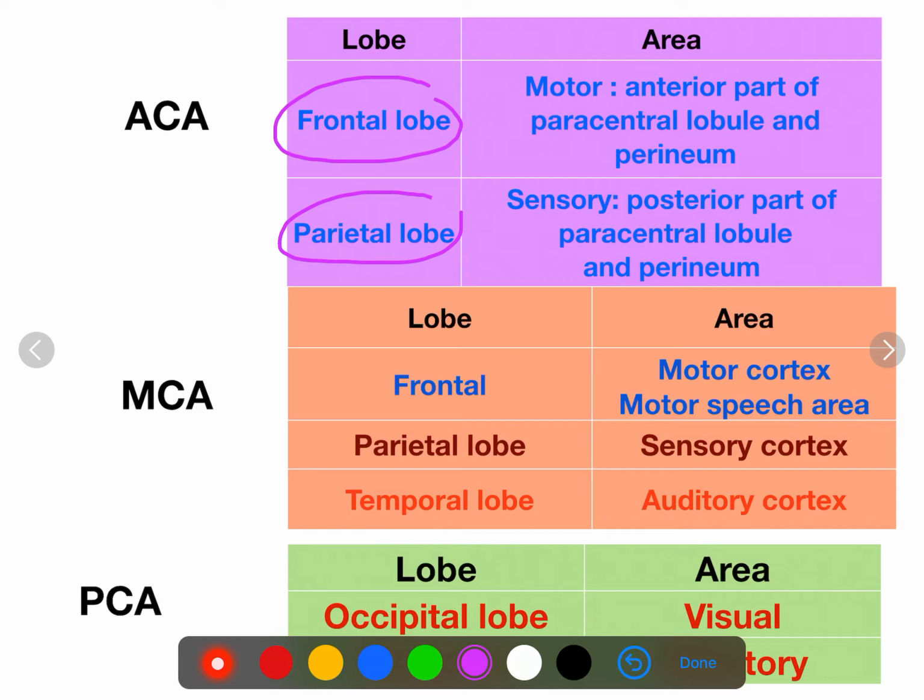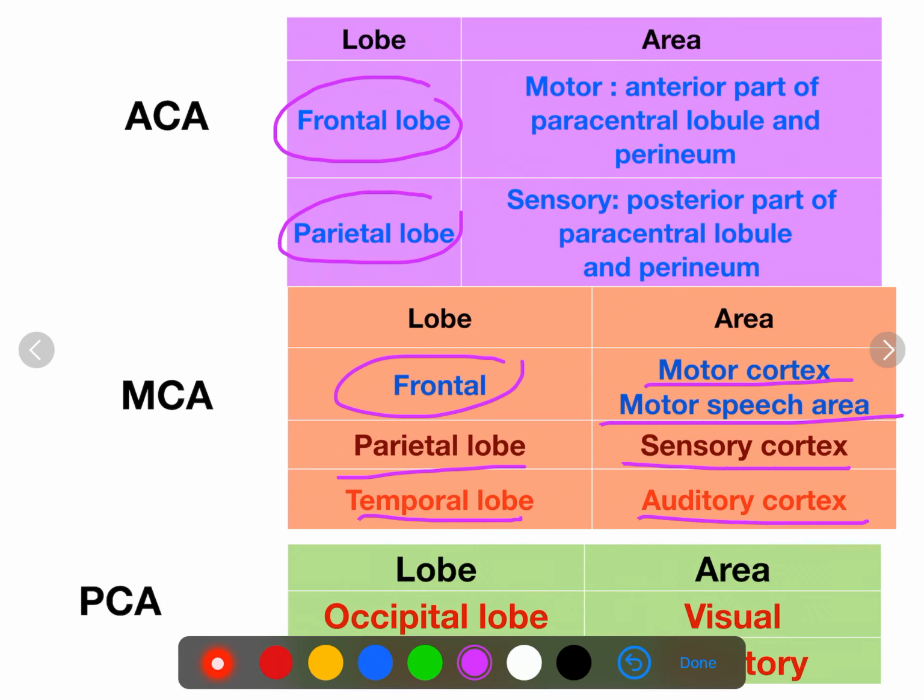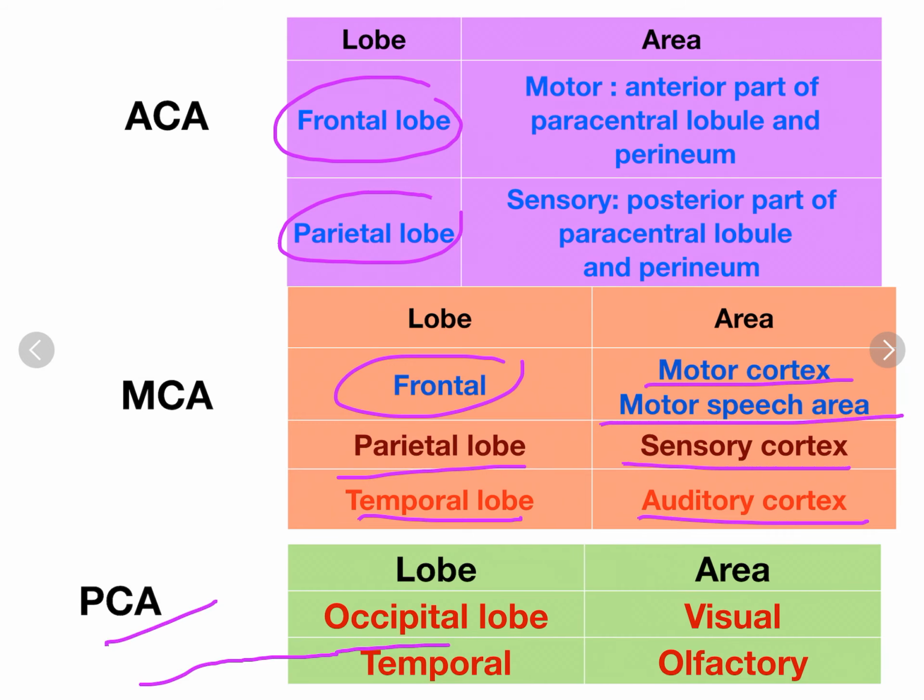In the middle cerebral artery, in the frontal lobe we have the motor cortex and motor speech area involvement. In the parietal lobe, sensory cortex involvement, and in the temporal lobe, auditory cortex. Now the posterior cerebral artery, we have the occipital lobe and temporal lobe. The visual and the olfactory areas are affected.